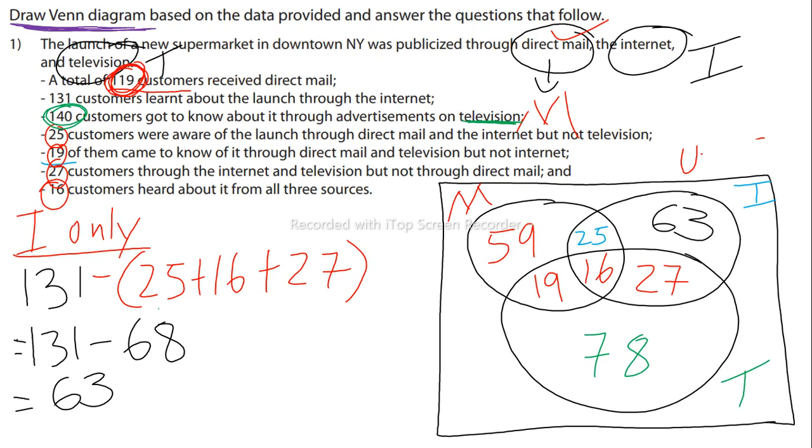Okay, so what we need to do now is figure out what the universal set is. The universal set is going to be what's in everything, so we have to count them individually. So 59 plus 25 plus 63 plus 19 plus 16 plus 27 plus 78 is going to be 287.